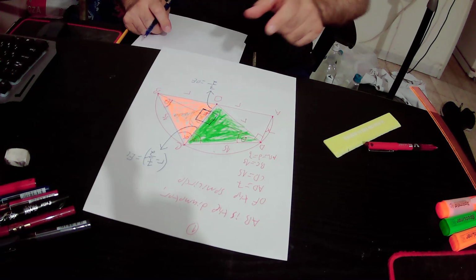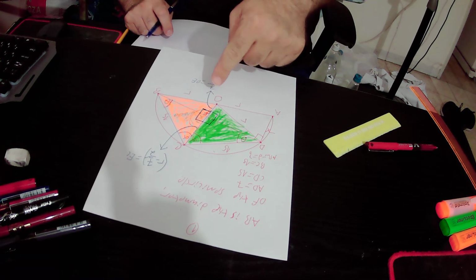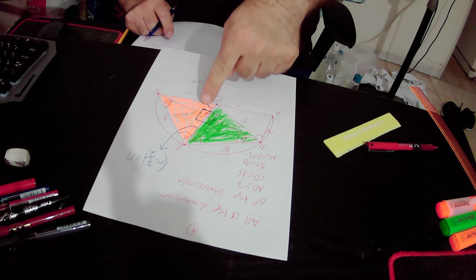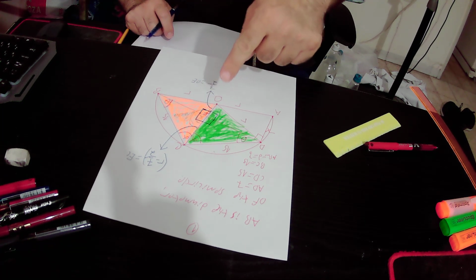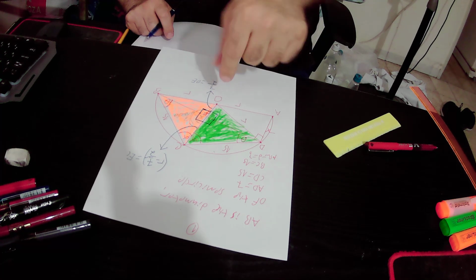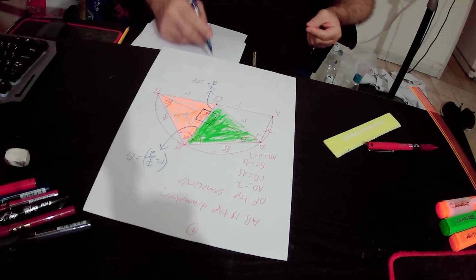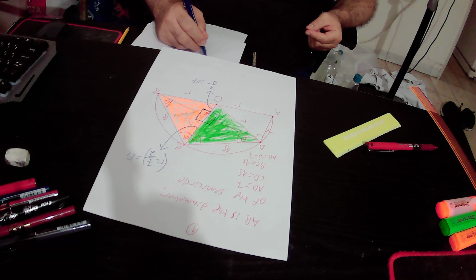In the first EB squared, we relate to this right triangle: EB squared equals OB squared minus OE squared.